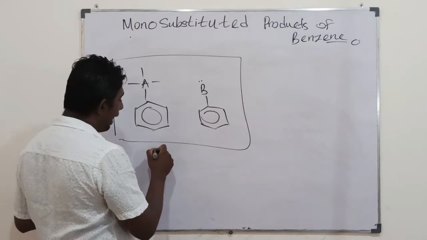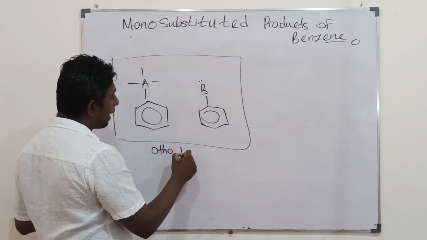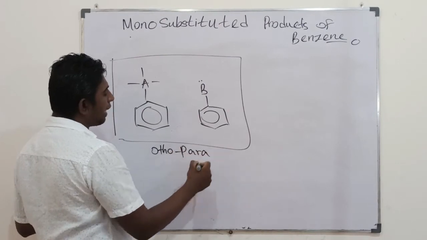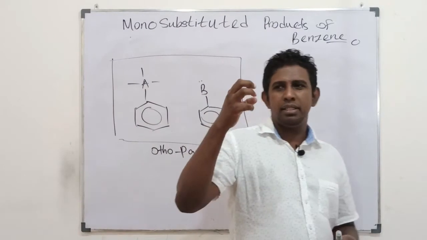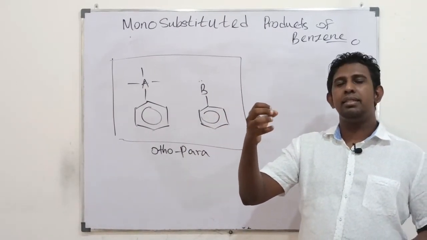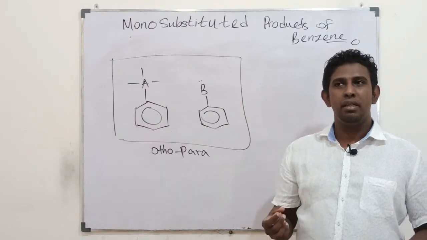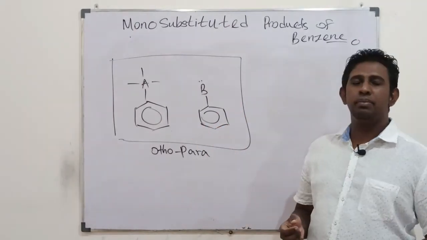These are at all times ortho-para directing groups. Again, when the atom straightly attached to benzene carries just single bonds only or no bonds, then it's an ortho-para directing group.